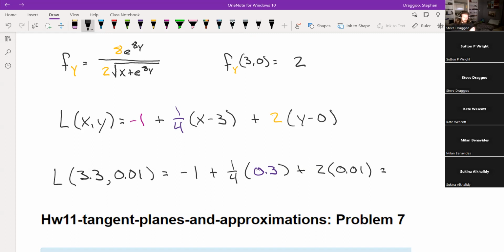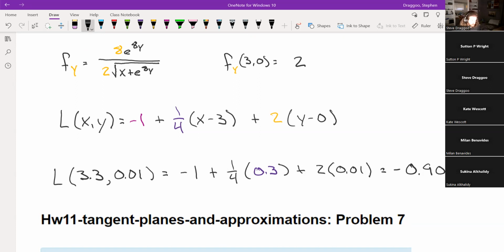And so if that's 0.097, does that make this negative 0.903? I think that's what it's equal to. Maybe someone in chat is going to correct me here in a second.